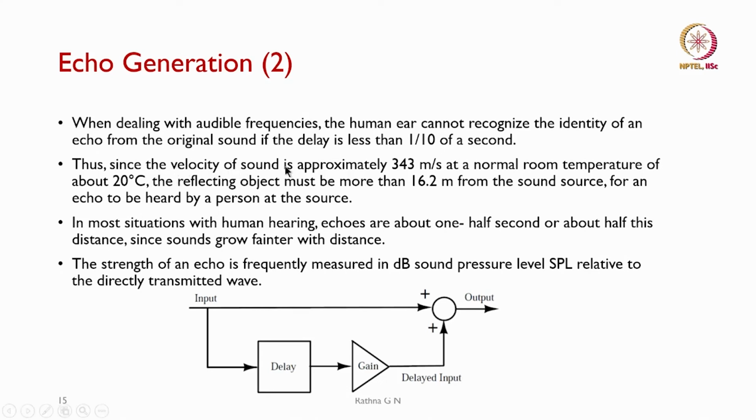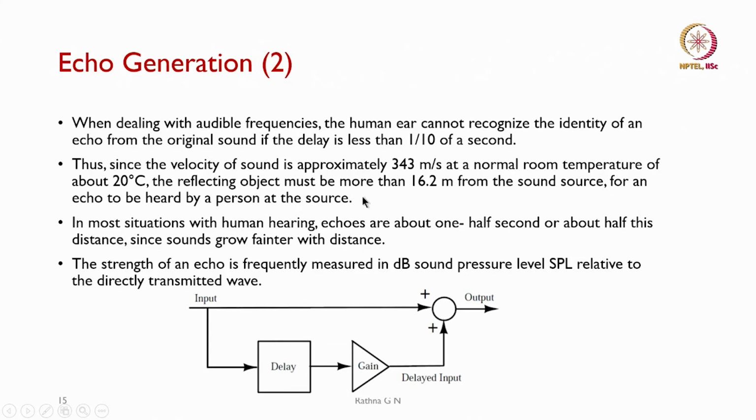Thus, since the velocity of sound is approximately 343 meters per second at a normal room temperature of about 20 degrees centigrade, the reflecting object must be more than 16.2 meters from the sound source for an echo to be heard by a person at the source.